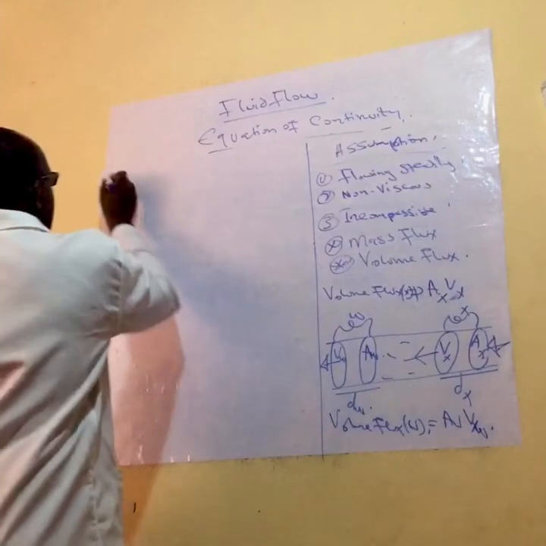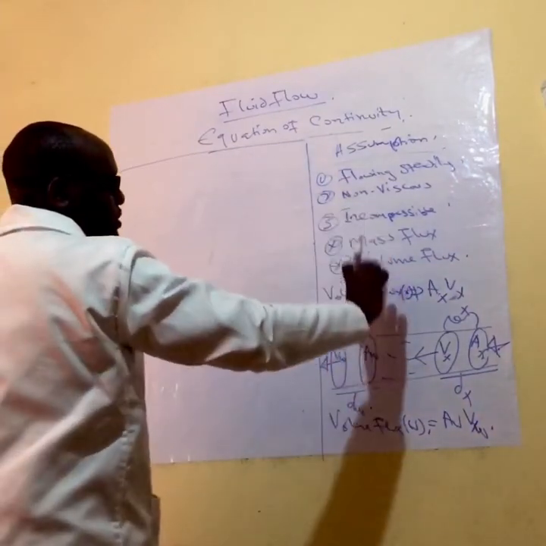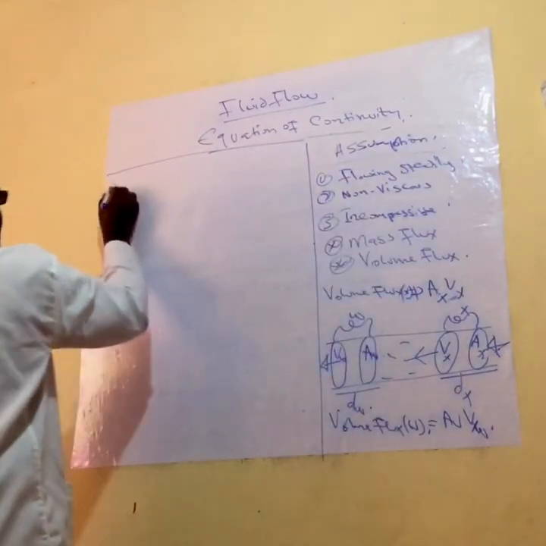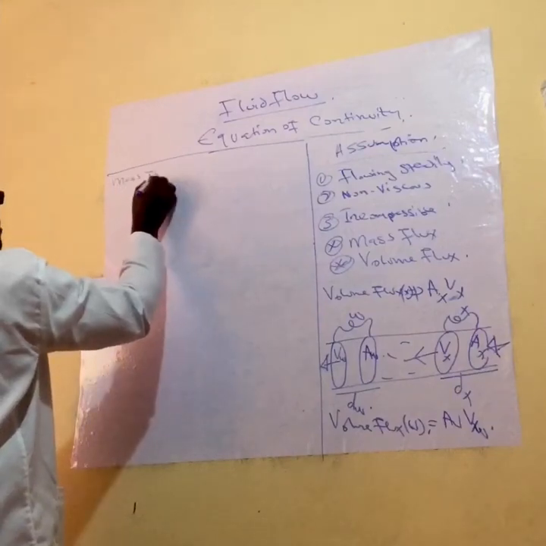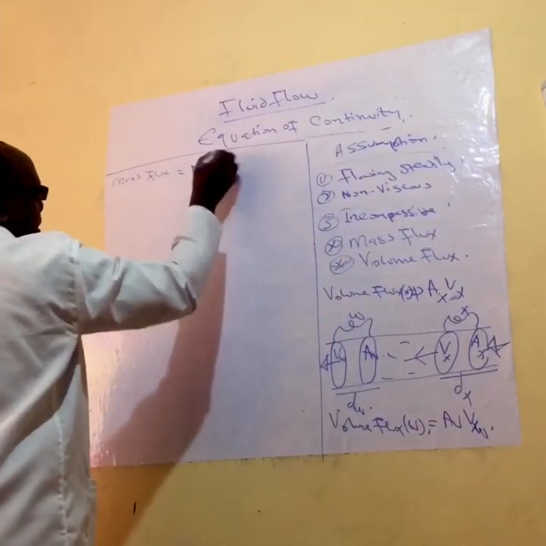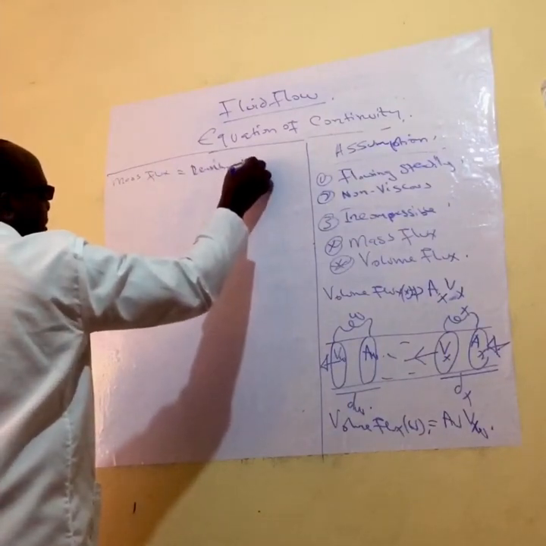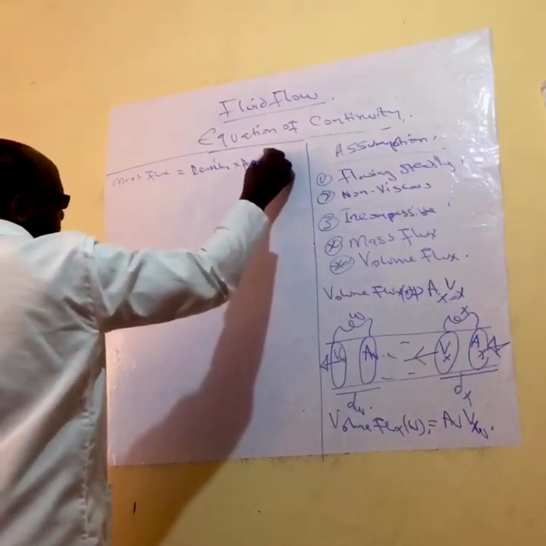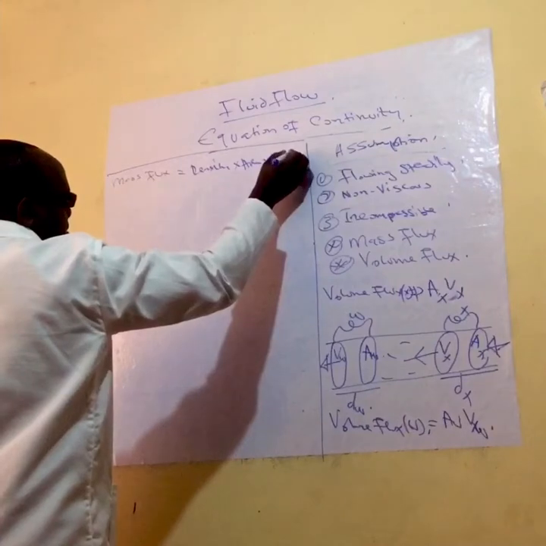And then if that is true, there was also something else we talked about, that was the mass flux. And we say mass flux was equal to the density multiplied by the area multiplied by the velocity.